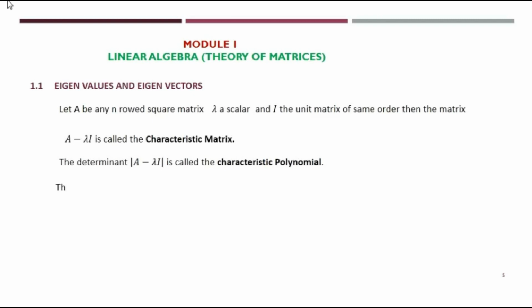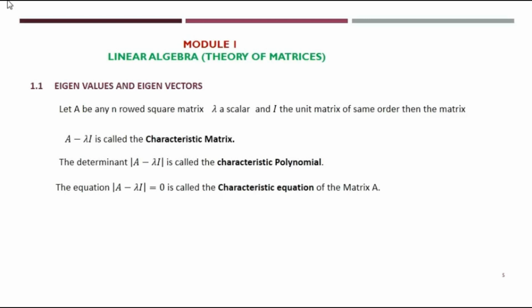And if this polynomial is equal to 0, we say it is an equation. So the equation determinant of A minus lambda I equal to 0 is called the characteristic equation. Okay?